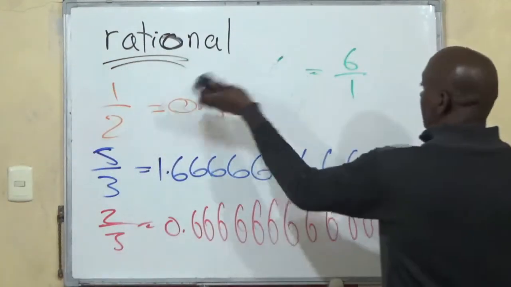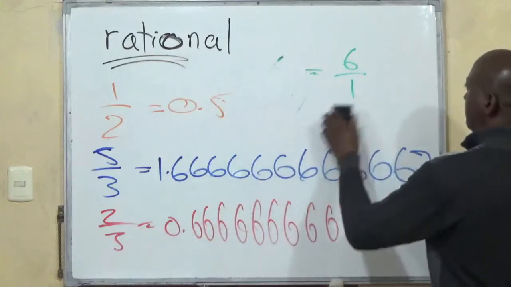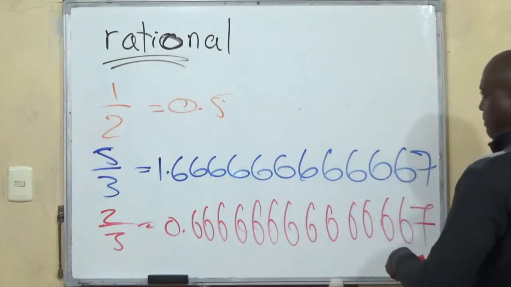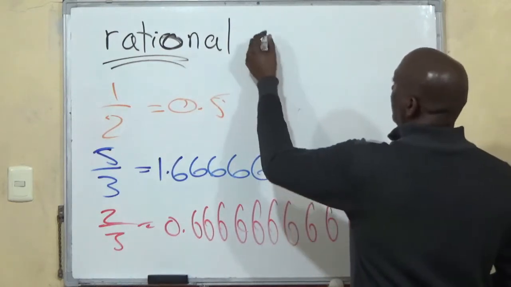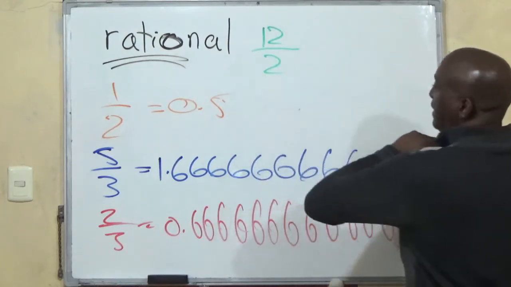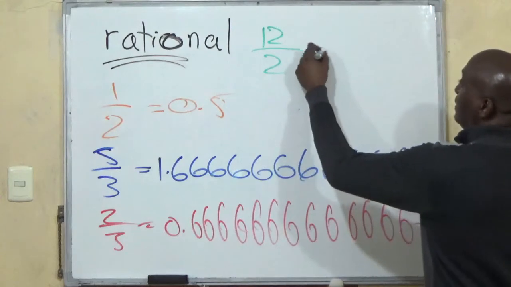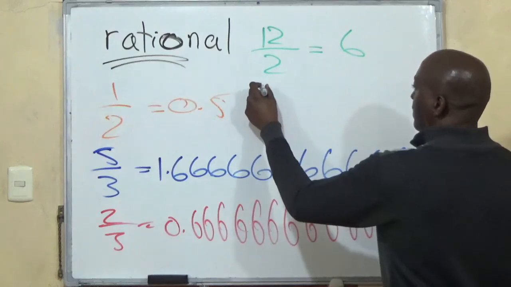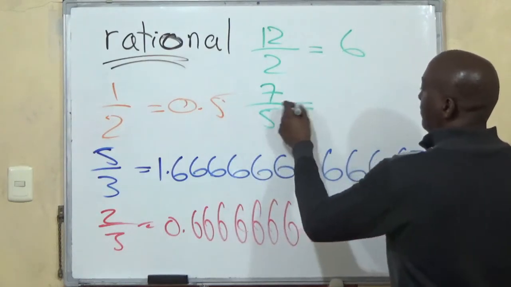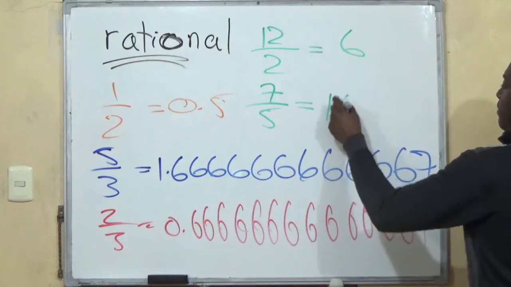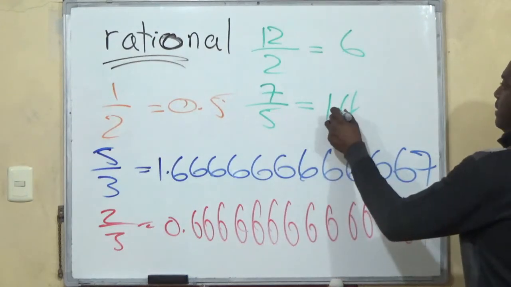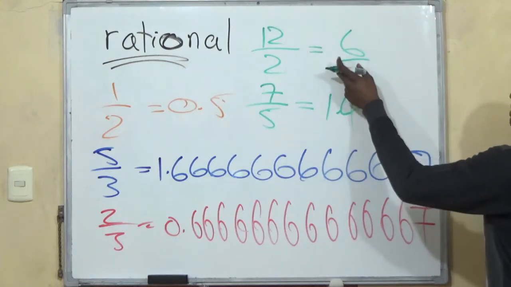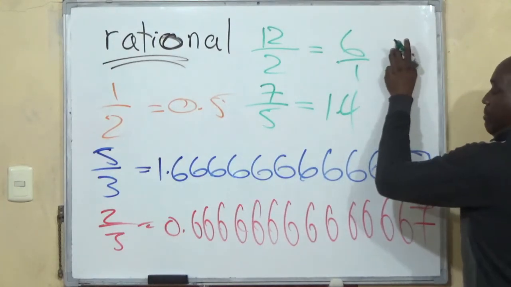And then of course, we'll come back to that. If we have 12 over 2, that is an improper fraction, that is equal to 6. If we have, let me say, 7 over 5, that is 1 and 2 over 5, that's 1.4 as a decimal, right? Improper fraction can be expressed as a whole number, rational number.